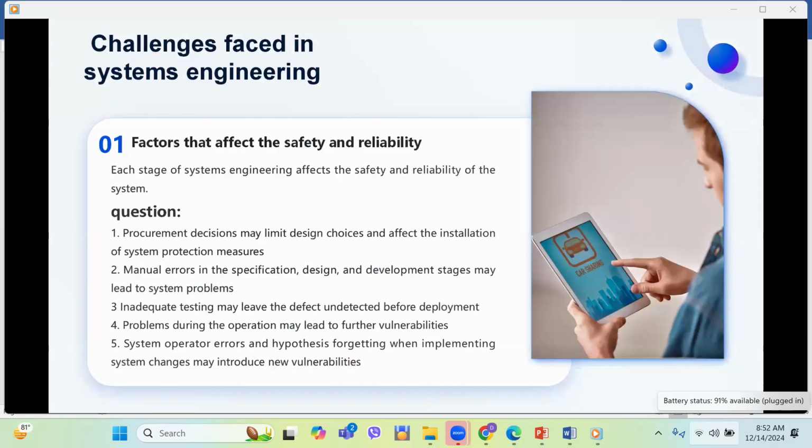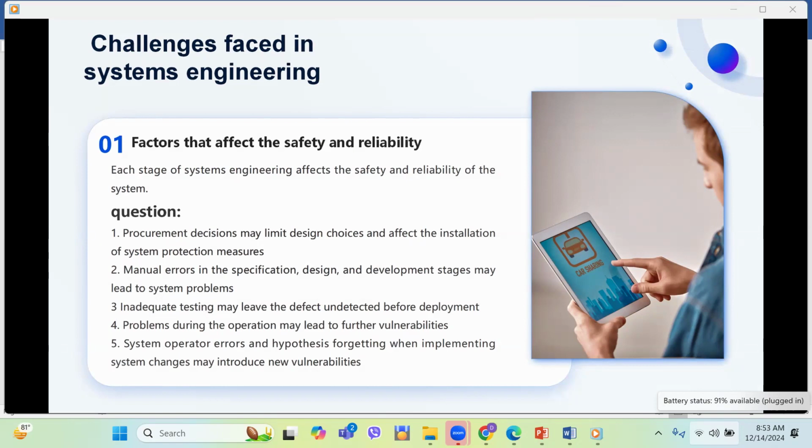Challenges faced in systems engineering. 1. Factors that affect safety and reliability. Each stage of systems engineering affects the safety and reliability of the system. 1. Procurement decisions may limit design choices and affect the installation of system protection measures. 2.